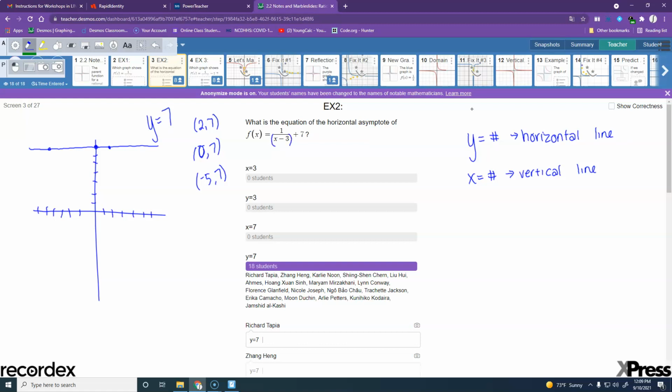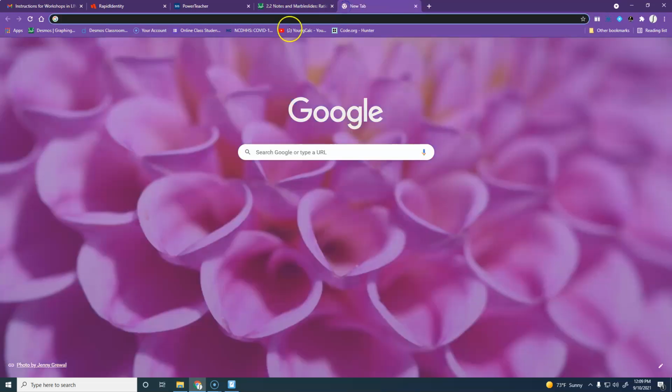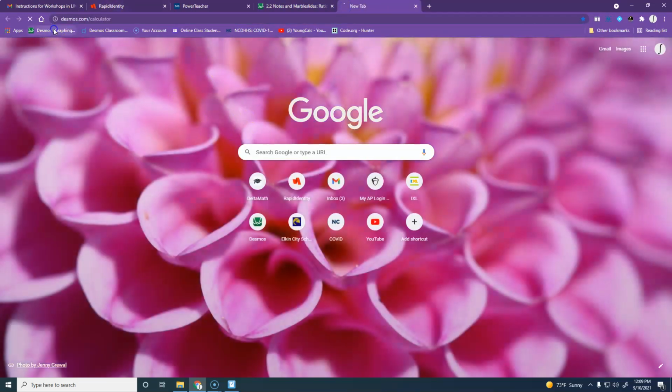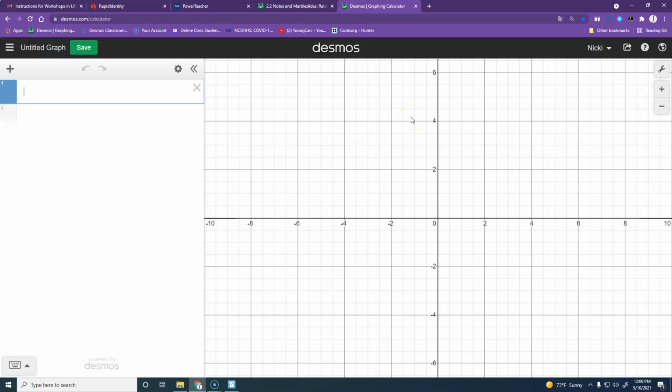Here, this 7 right here moves this up 7. It's going to go to the right 3. So whenever we have our graph go up 7 and to the right 3, I really don't want you opening another tab for Desmos, but I want you to see it now that we're talking about it.